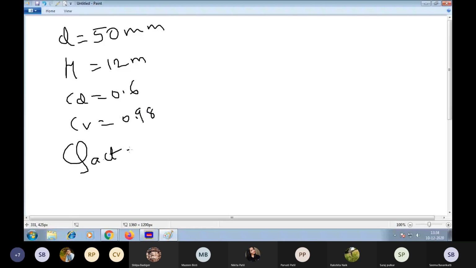Calculate and tell me the actual discharge and actual velocity. It is a similar problem, only they have changed the head of water and the diameter. Calculate and tell me the answer.